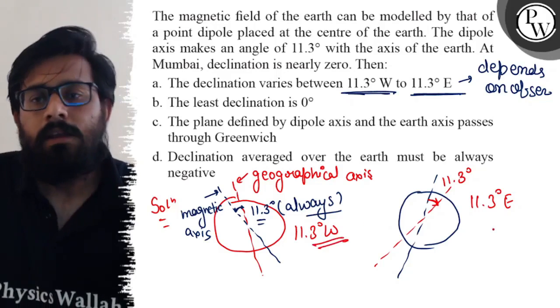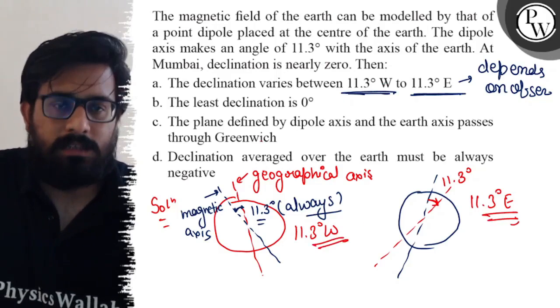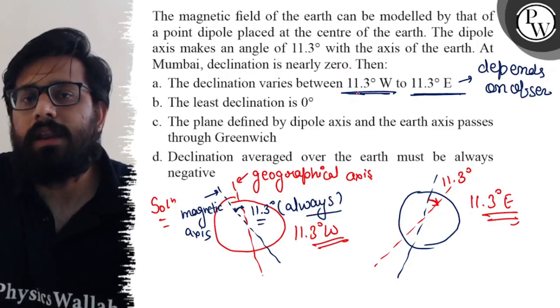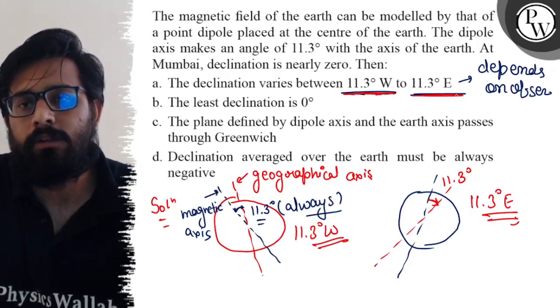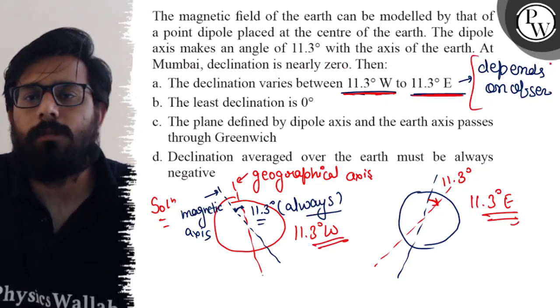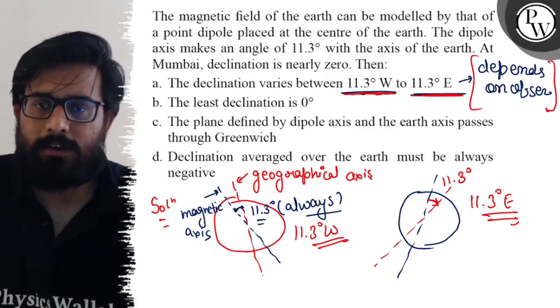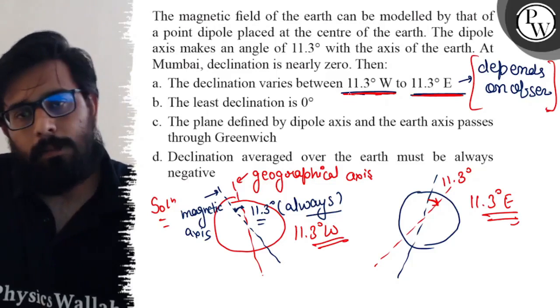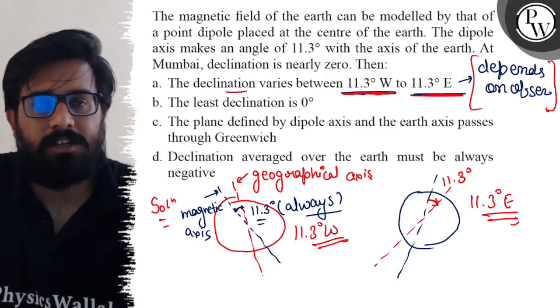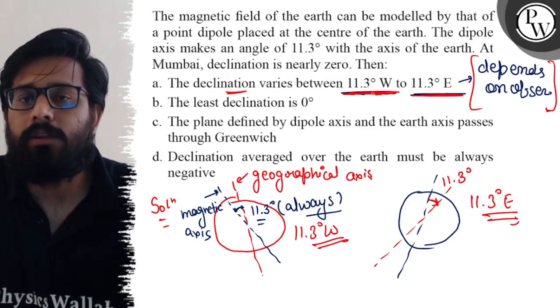So actually the declination varies from 11.3 degree west to 11.3 degree east. Now that depends on the observation part, right? From where you are doing your observation, that all depends on it. But overall, the main point is the declination angle is 11.3 degree.